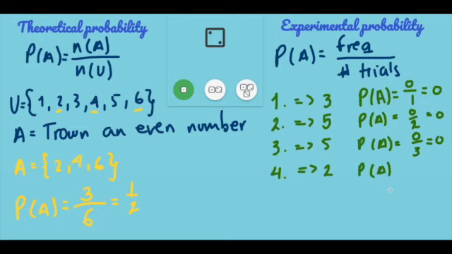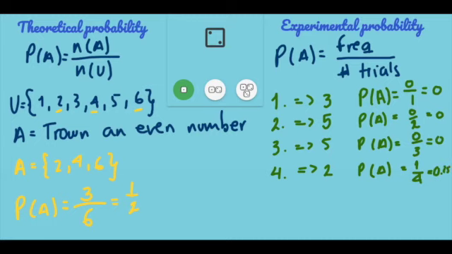So the probability of throwing an even number in this case is 1, right? Because we finally get one even number, over 4 because we have thrown the dice 4 times. So this one is equal to 0.25, right?